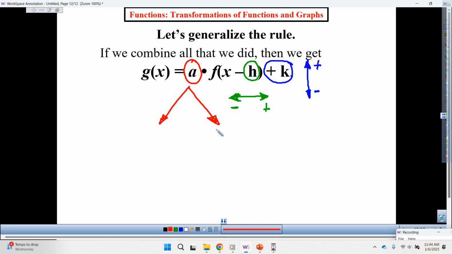Gio, pass someone. Mario. What does a do to the entire function? Very good. It stretches. And how do we know when it stretches? When that a is a what? A whole number. That is correct.